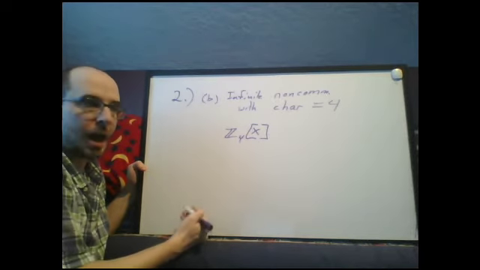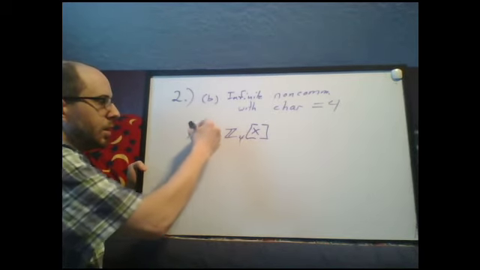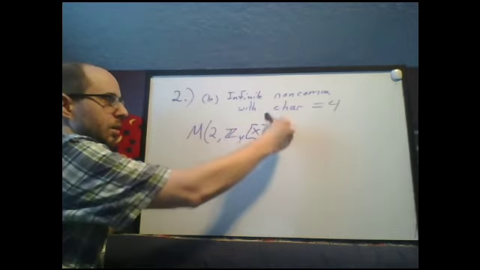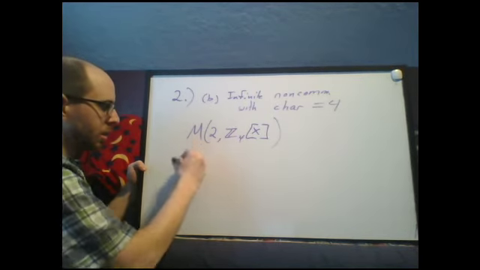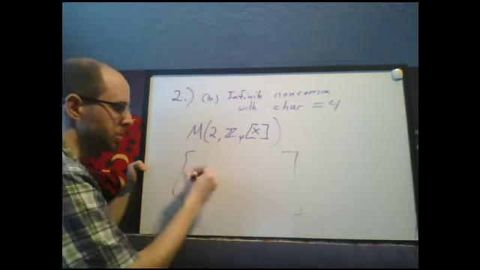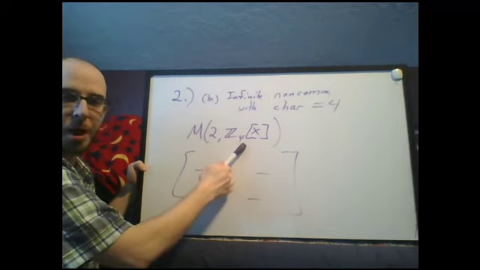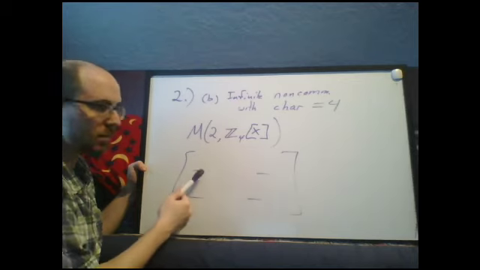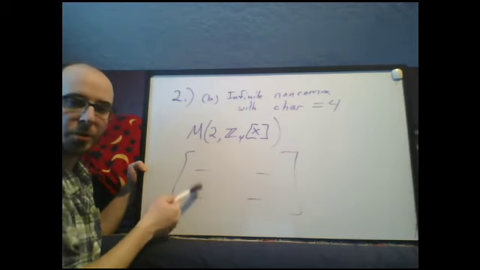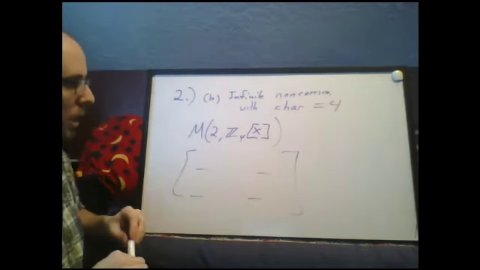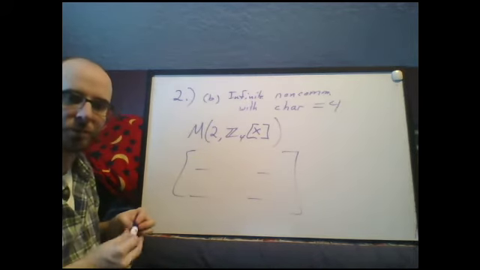If I want to make it non-commutative, I take matrices of this: 2 by 2 matrices where each of the 4 entries is a Z4 polynomial. And now there are infinitely many polynomials I can put into each of these slots, so this will be an infinite ring.